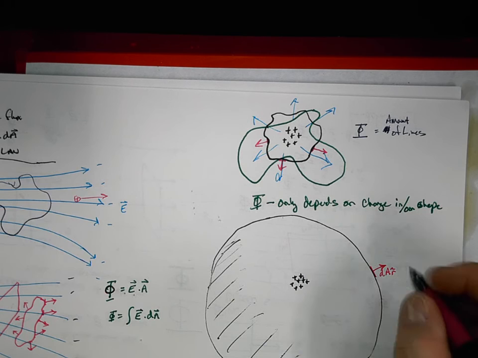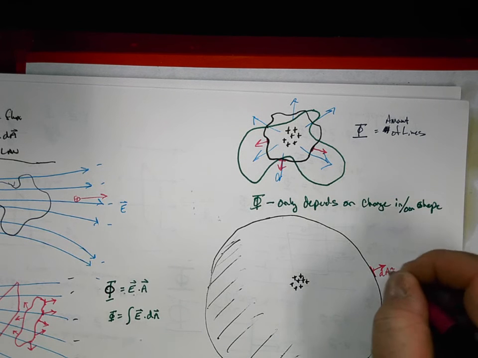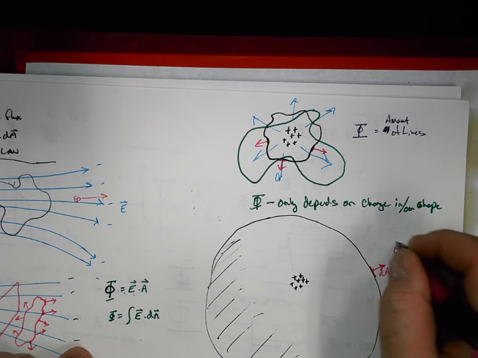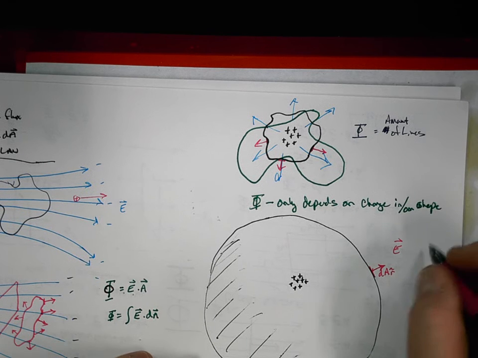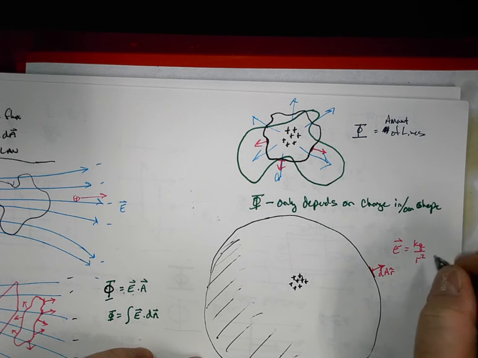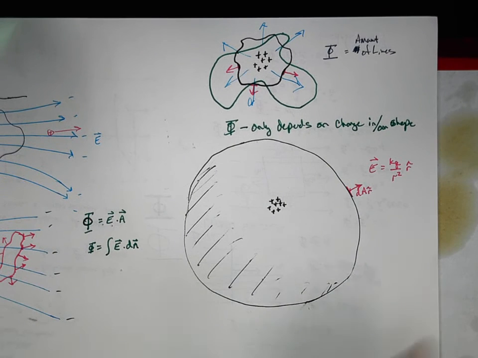So, if we have a charge there, the field around that spot is also going to be E equals kQ over r squared, also r hat. And that's going to be the same anywhere.